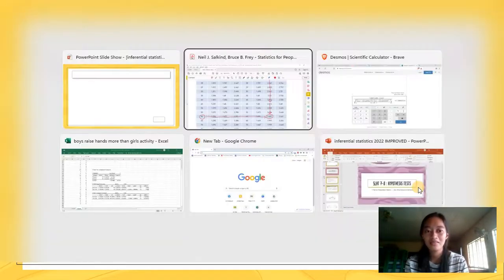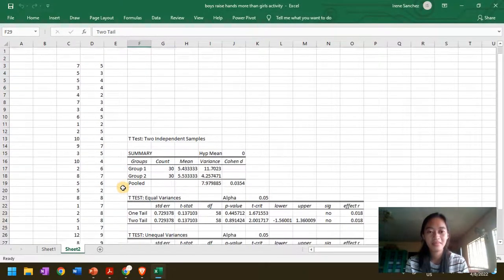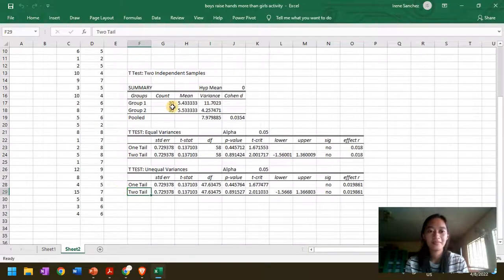You can use Microsoft Excel for that, like this. Here is the t-statistic, and this is for the two-tailed test, and the critical value is here, and the one-tail is here.